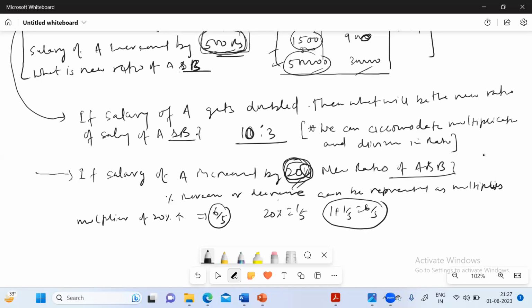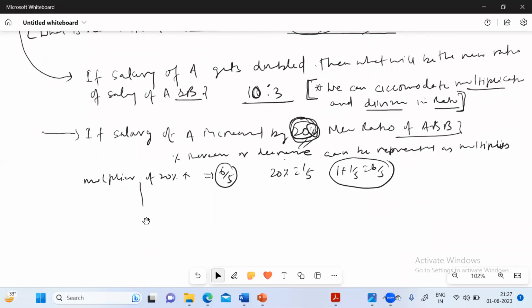And in the previous example, I already established we can accommodate multiplication and division in ratio. There is no problem in it. So in this question, we can tell what the new ratio will be.